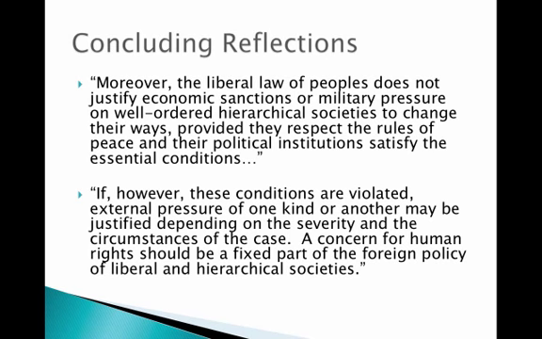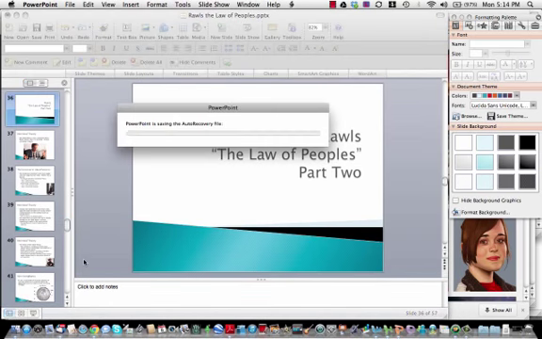So basic human rights are respected, and you're not waging war with one another, and then we're not going to impose anything else. "If, however, these conditions are violated, external pressure of one kind or another may be justified depending on the severity and the circumstances of the case. So a concern for human rights should be a fixed part of the foreign policy of liberal and hierarchical societies." Who wouldn't want to be concerned about human rights? Well, that is all.